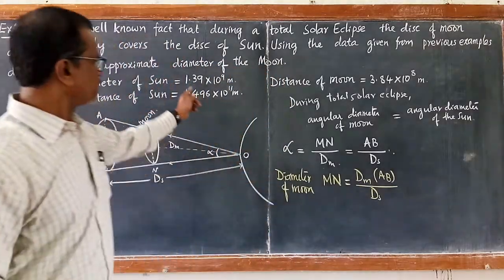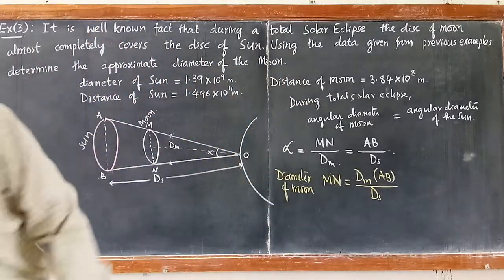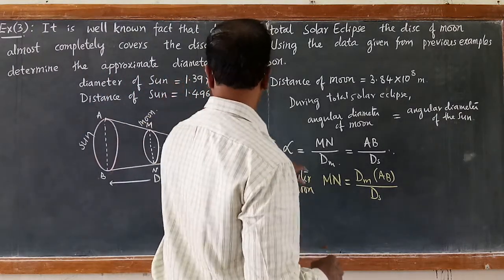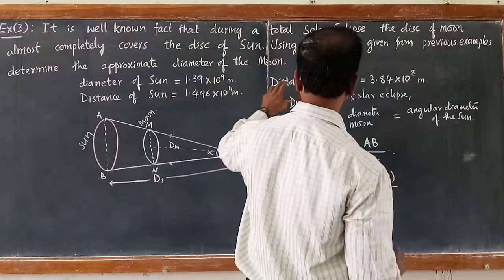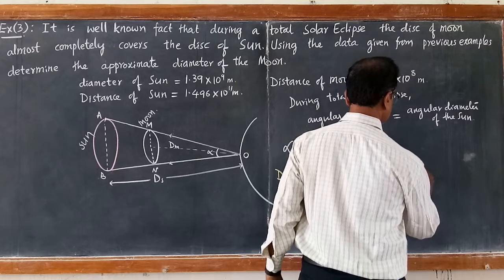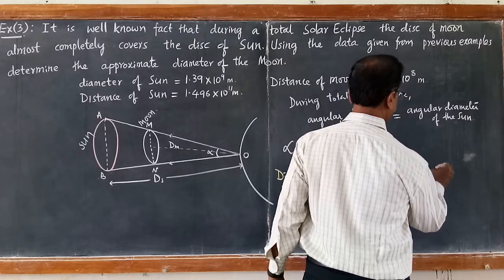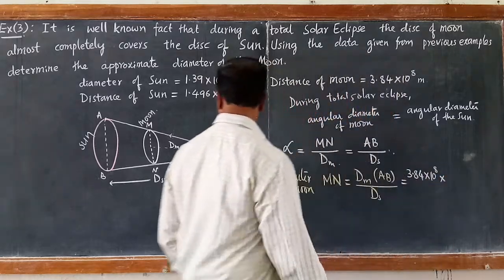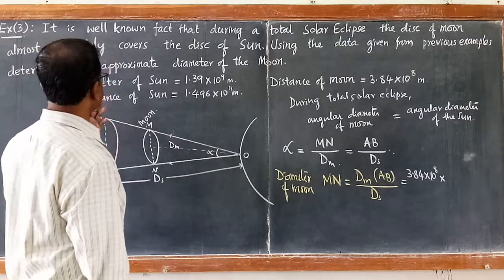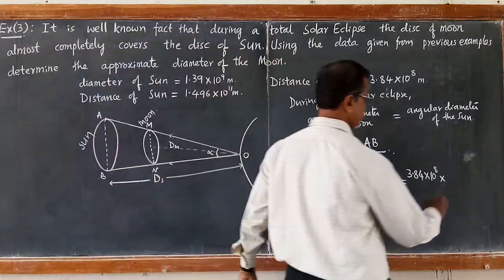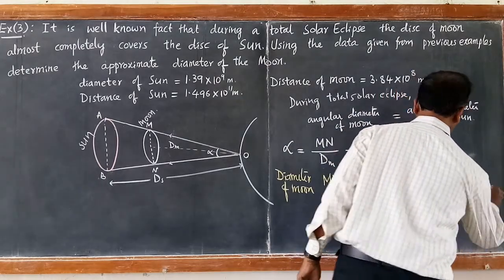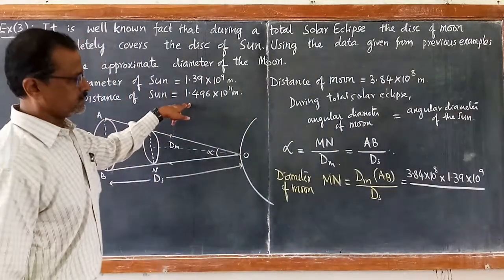Just substitute the values from the given data and simplify. dm, distance of moon, we got it 3.84 into 10 raised to 8, into diameter of sun, also calculated, 1.39 into 10 raised to 9, whole divided by distance of the sun.